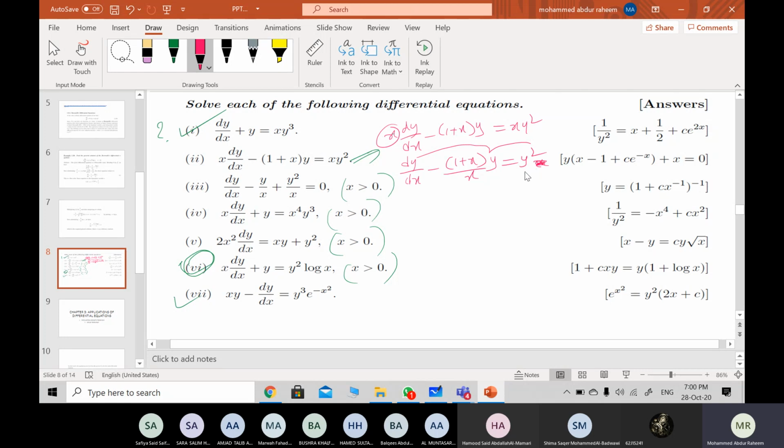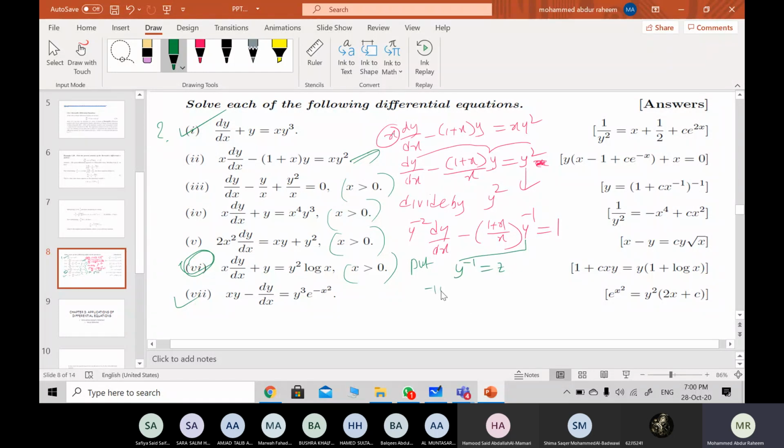We divided, no need, yes. Next divide with y square. This y divided by y square, y power minus 1. Other one. Next put what? This z.